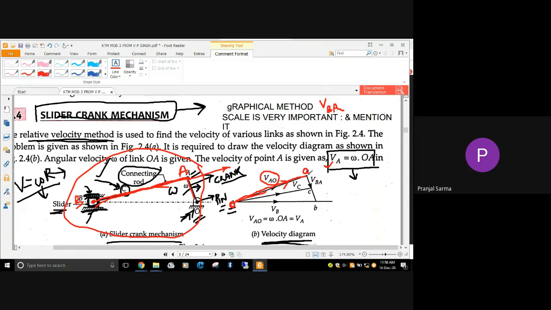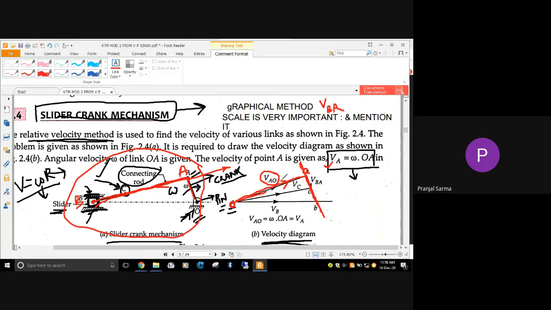Starting from A, because A is also a point lying on link AB, starting from this small a, we draw a vector which is also perpendicular to the link AB. This way, passing through point a, we have to draw a line. Right now I don't know the magnitude of it, but I know this is the direction.